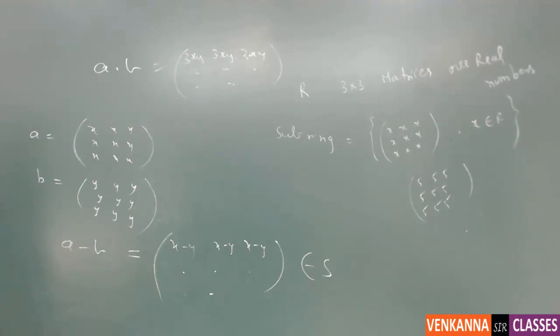Do you accept it or not? Please check with the multiplication. Every element is nothing but 3xy there. So all the entries in each position are the same. 3xy, 3xy, 3xy you are going to get in the whole matrix. Therefore, the two conditions are satisfied by S, so we can say that it is a subring of the 3 by 3 matrices R. Okay? Yes or no?